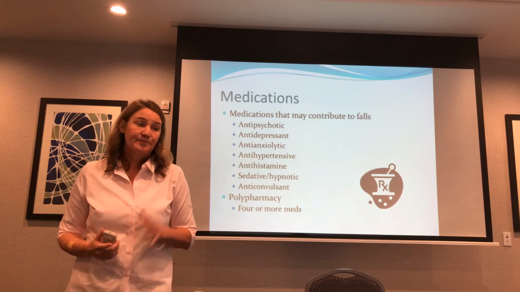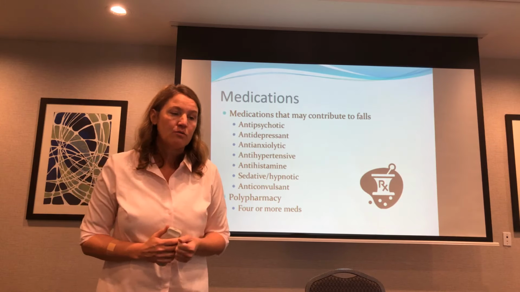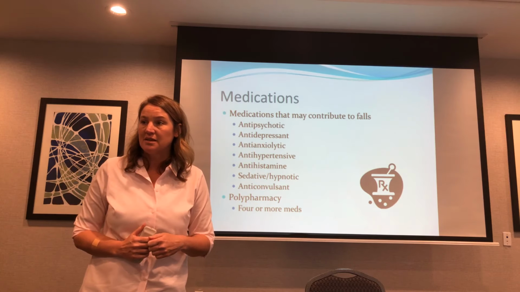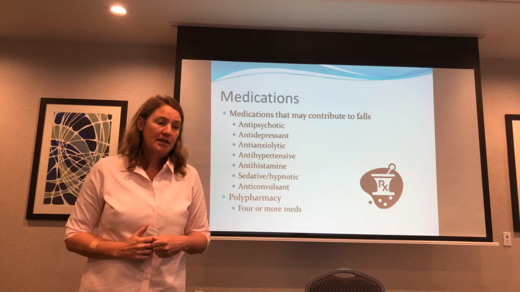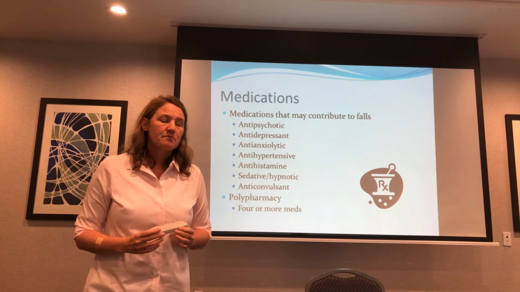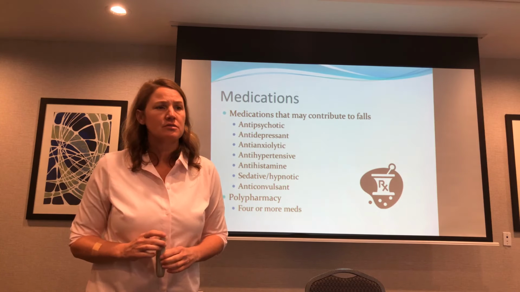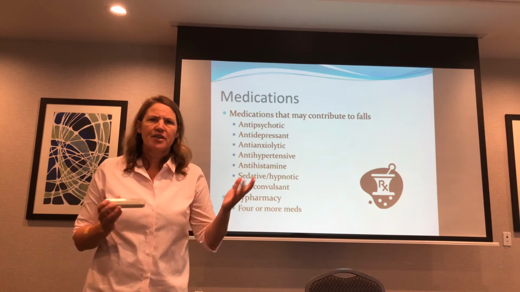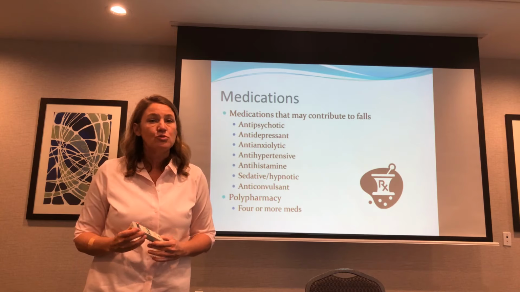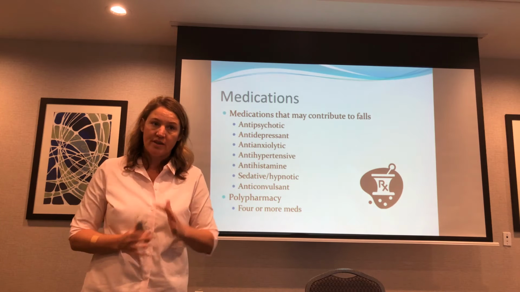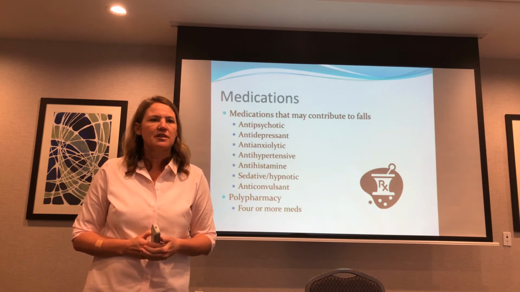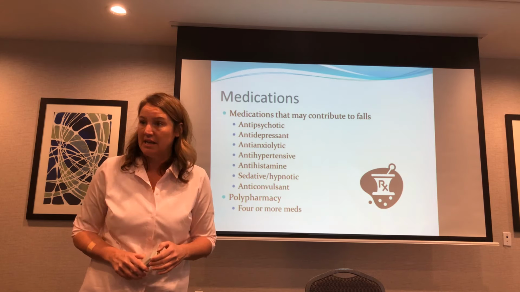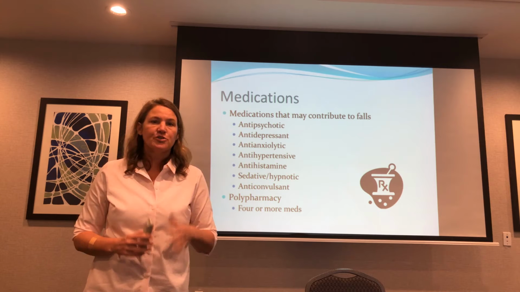I've been through this with my own family, trying to get them to manage their own medicine safely. It's challenging, but there is a document called the Beers criteria, B-E-E-R-S, named for the author who came up with it. It's a nice tool to have, and there are tools that come along with it. It's just a list of medications that people over the age of 65 probably should not be taking, and why, and alternatives.